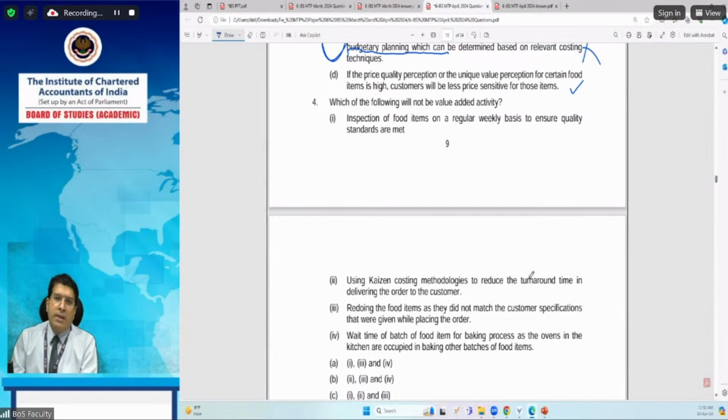Wait time is again a non-value added activity because it has nothing to do with customers. That's why my only value added activity is using Kaizen methodologies to reduce turnaround time. Therefore, my correct answer will be A.